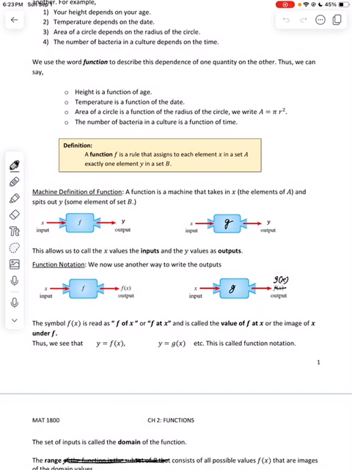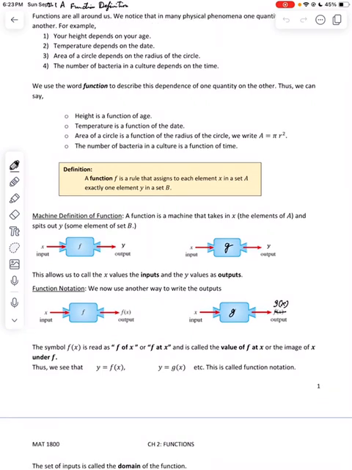So you notice your height depends on your age, the temperature depends on the day of the year, the area of a circle depends on the radius of the circle, because what is the formula? It is A equals pi r squared. Now pi is a constant, a fixed number. So what can change the area? The radius. So if the radius is changed, the area is changed, and so on.